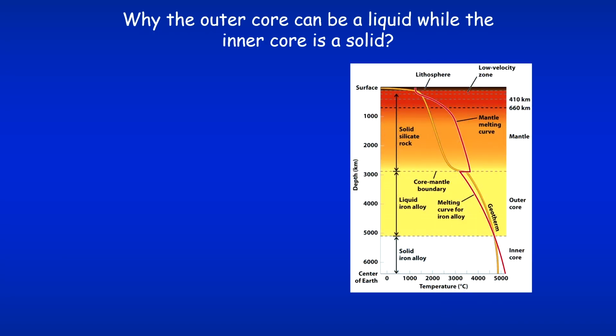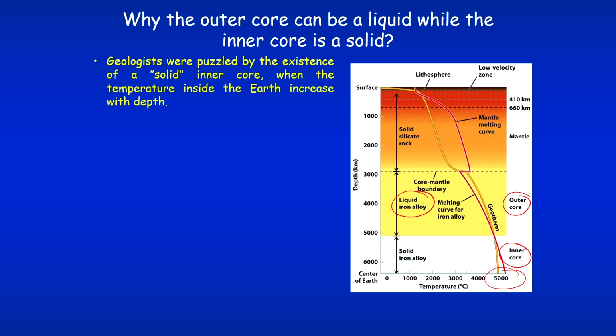Since we know that the temperature at the center of the Earth is almost close to 5,000 degrees, at a depth of 6,000 kilometers, why is the outer core liquid and the inner core solid? Geologists were puzzled by the existence of the solid inner core when the temperature inside the Earth increases with depth.